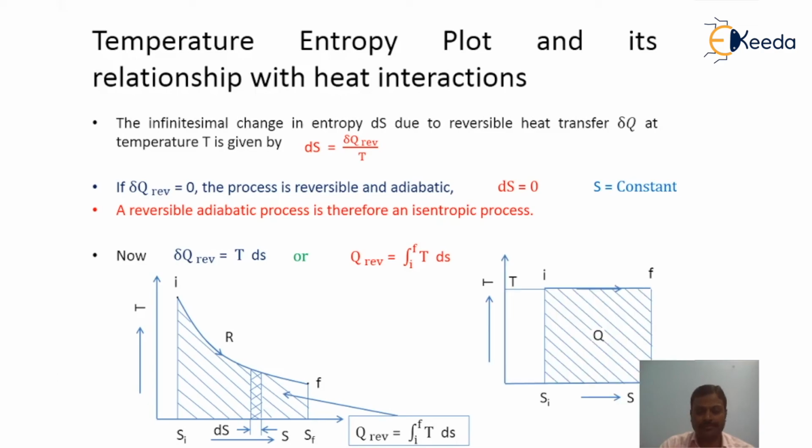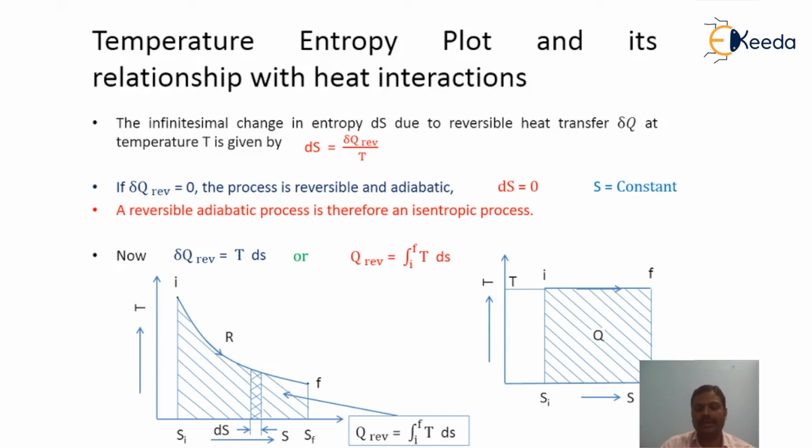Now, when there is an isothermal process where temperature is constant, if there is a change of state from initial equilibrium point I to final equilibrium point F, the area under the curve indicates the total heat transfer during that process.